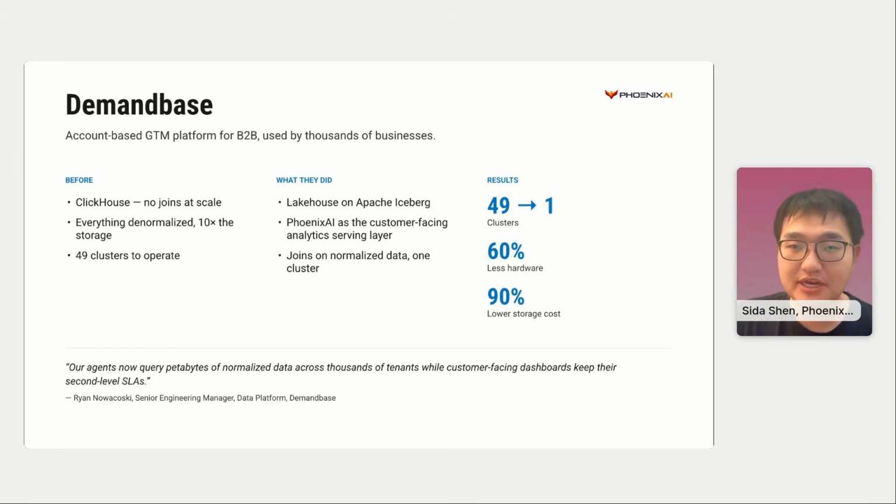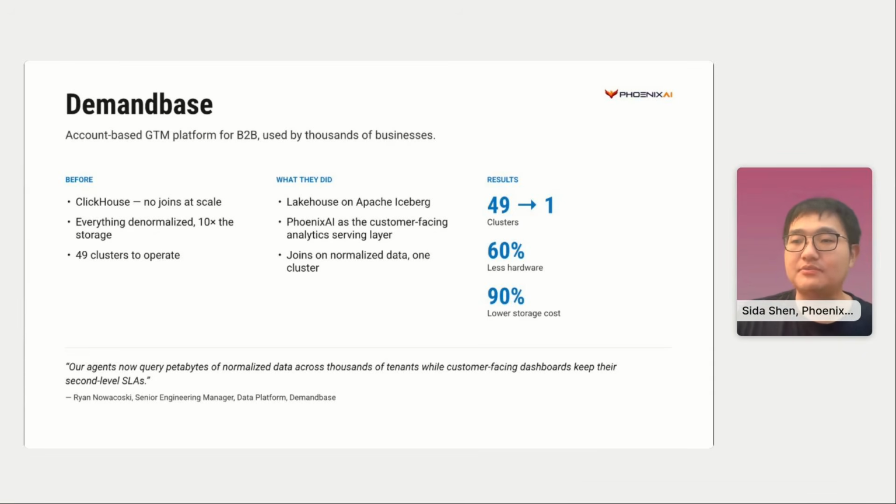Before, they were using ClickHouse. ClickHouse doesn't support joins at their scale, so everything needed to be denormalized. They basically 10x'd their storage, and they ran 49 ClickHouse clusters to operate. Afterwards, they consolidated on Apache Iceberg and brought in PhoenixAI as a customer-facing analytics serving layer, said no to denormalization, and ran all of the joins on the fly.